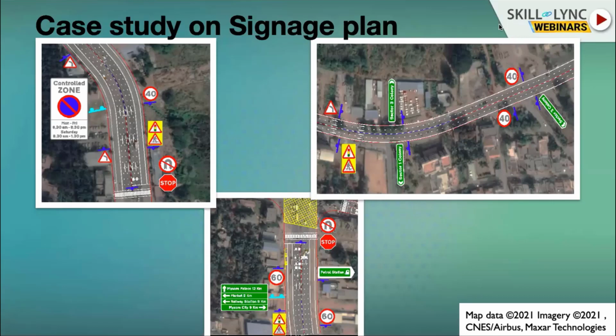We can also see a few warning signs, like a sharp left hand curve sign placed sufficiently ahead of the start of the curve to warn drivers of the upcoming situation. Mandatory signs like U-turn prohibited or the stop sign can also be seen here, and also a kind of warning sign that there's a signal ahead and a pedestrian crossing ahead.